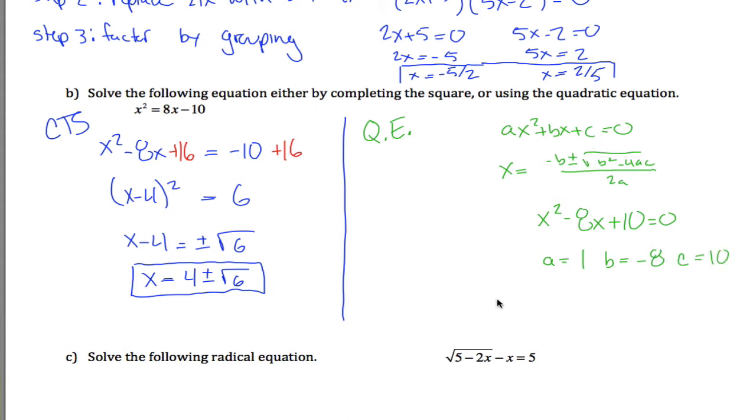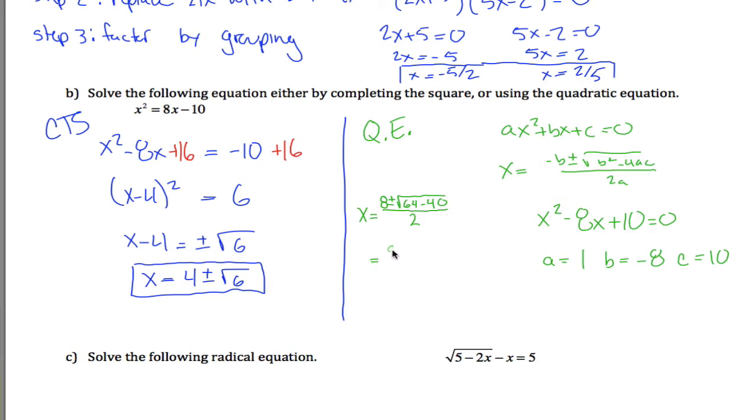And if I plug that into this equation, I get x equals negative negative 8, which is positive 8, plus or minus the square root of negative 8 squared, which is 64, minus 4 times a times c. 4 times 1 times 10 is 40, all divided by 2 times 1, which is 2.